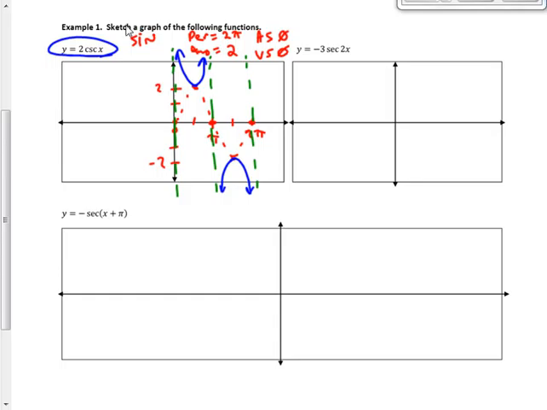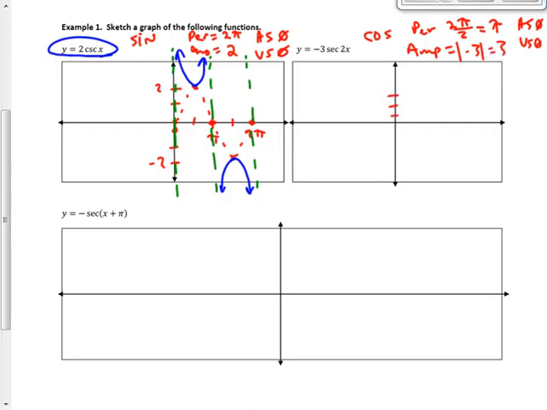The next one, I've got secant, which is cosine. I want to look at the period. The period is equal to 2 pi divided by 2, which is pi. There is no horizontal shift and there is no vertical shift. The other thing that I want is the amplitude, which is the absolute value of -3, which is 3.